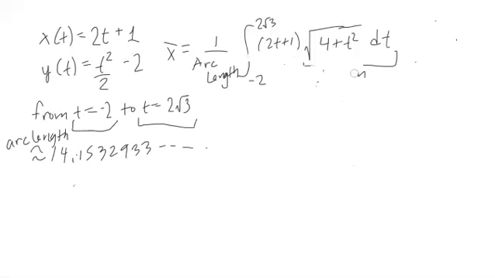Okay, so we're doing this integration here. In doing this, we can distribute the square root to these different parts across the sum. So we have 2t root 4 plus t squared.